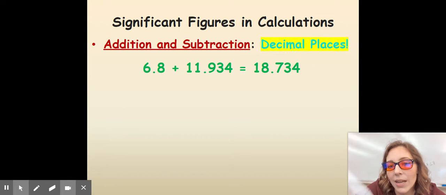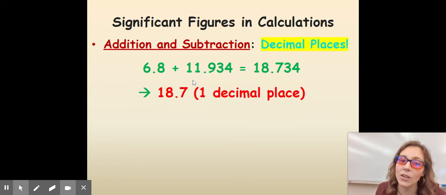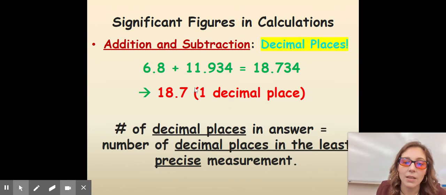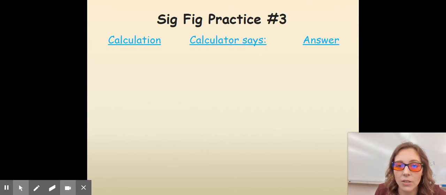So how do I round that 18.734 to 1 decimal place? Well, I'm looking at that 3. Is it going to round up or down? It's going to round down. So we just cut it off and we get 18.7. Rounded to 1 decimal place because that is the least precise measurement, the 6.8 with 1 decimal place. All right, so let's try some more.